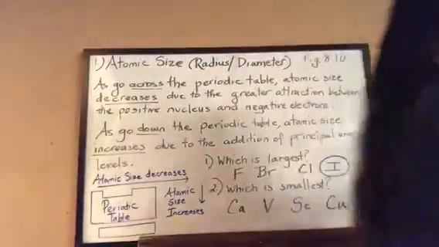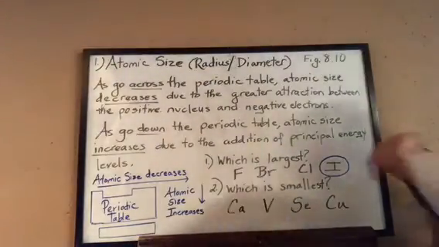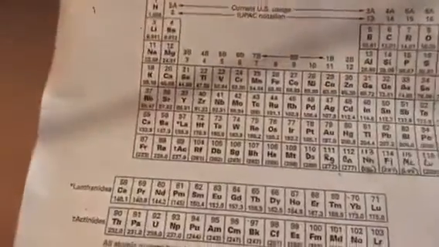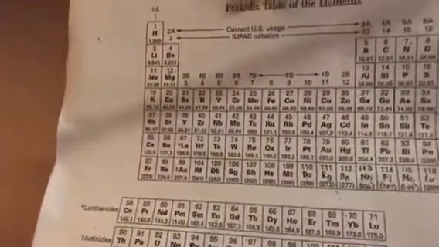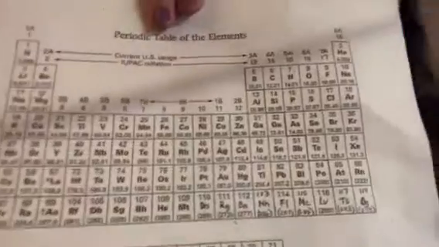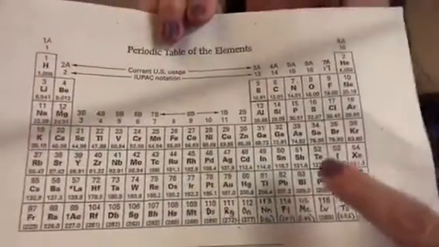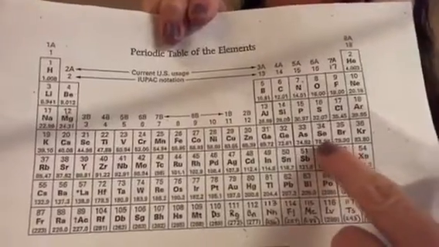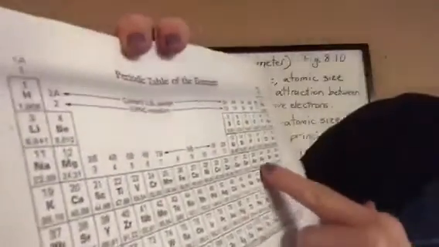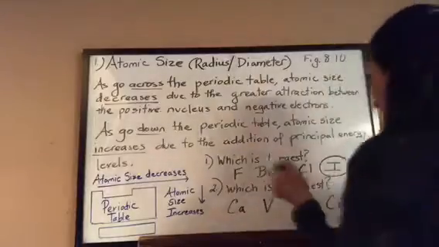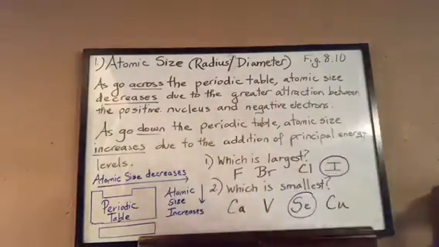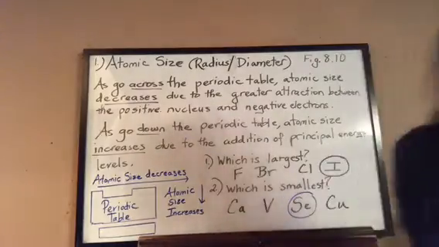Atomic size decreases as you go across the periodic table. So if we are looking for which one of these is furthest to the right, the one that is furthest to the right would be... Trying to read backwards here. Selenium. Yes. So out of those four, selenium would be the smallest.